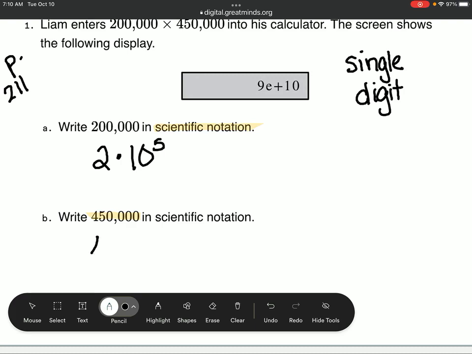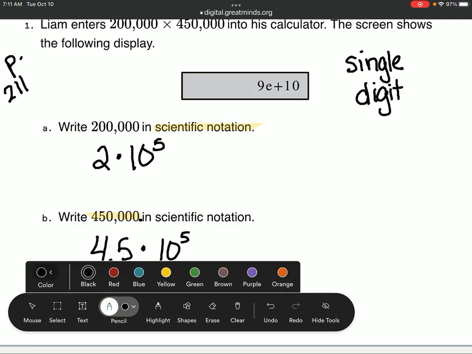So we would write 4.5 or 4 5/10 times 10. We still have the same place value. If we were to put this in the place value chart, we would see that we would still get 10 to the 5th power. And essentially that works because the decimal point was here, right? Let me change colors maybe.